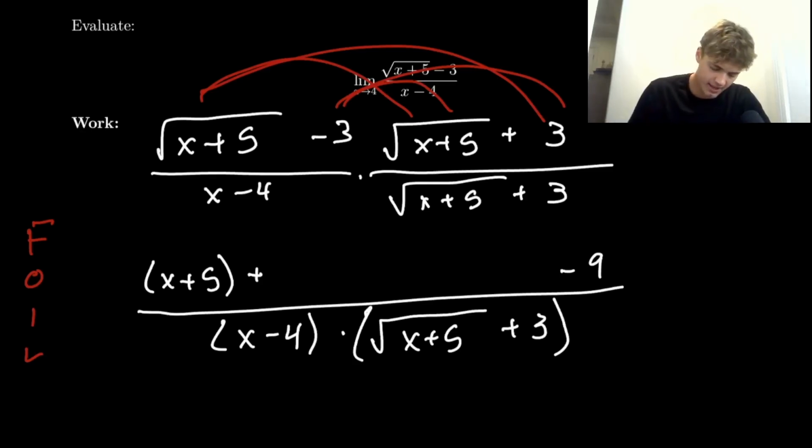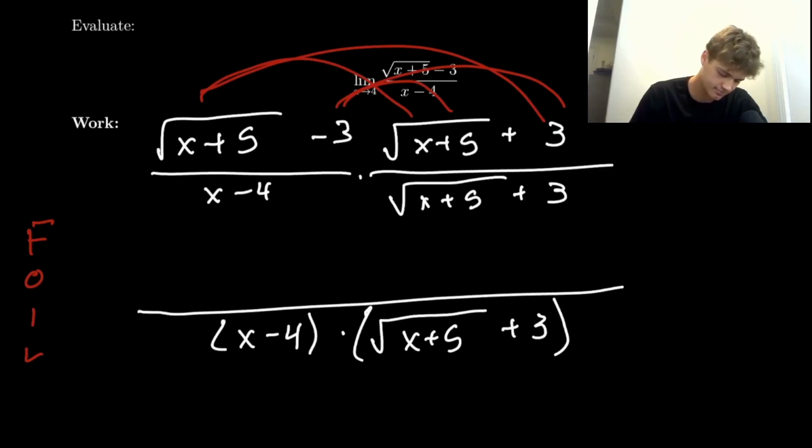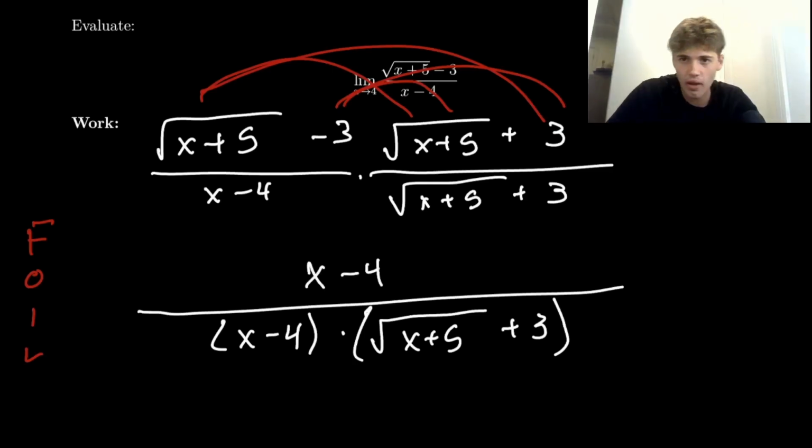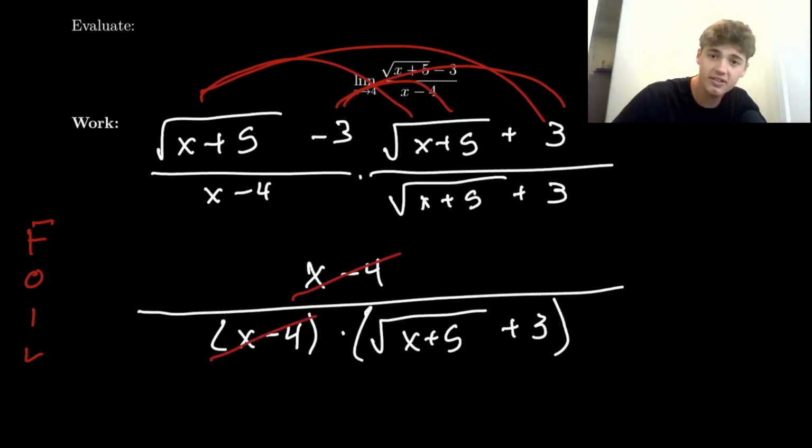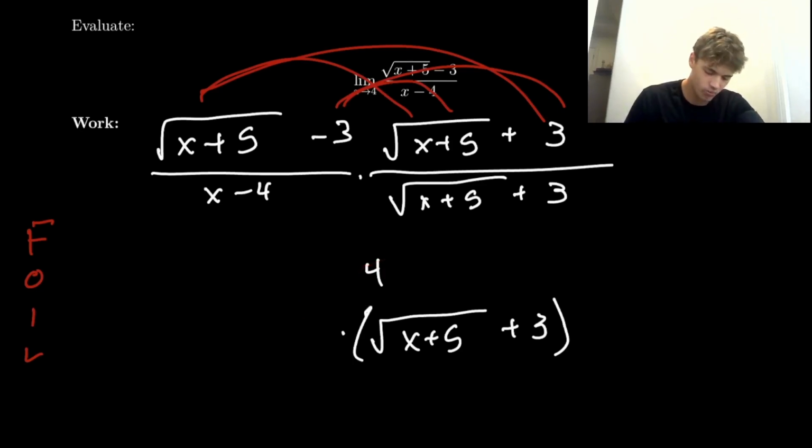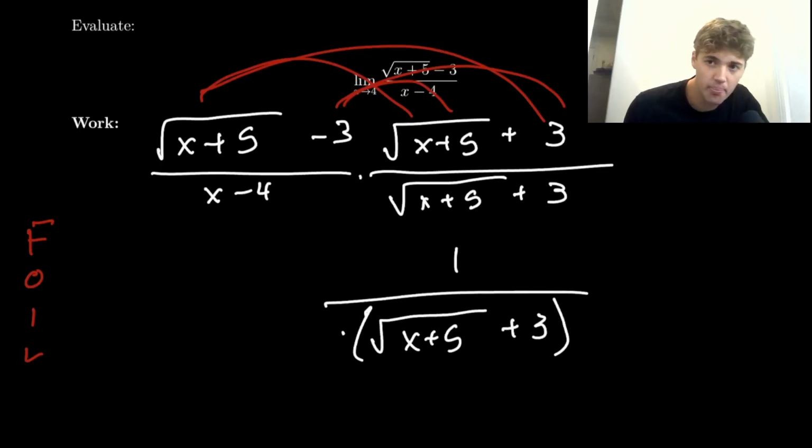So what we're going to be left with on the top is going to be this x minus 4. But hey, we have an x minus 4 on the top and the bottom. We can cancel those out. So what we're left with is this kind of implied 1 on the top, and then square root of x plus 5 plus 3 on the bottom.